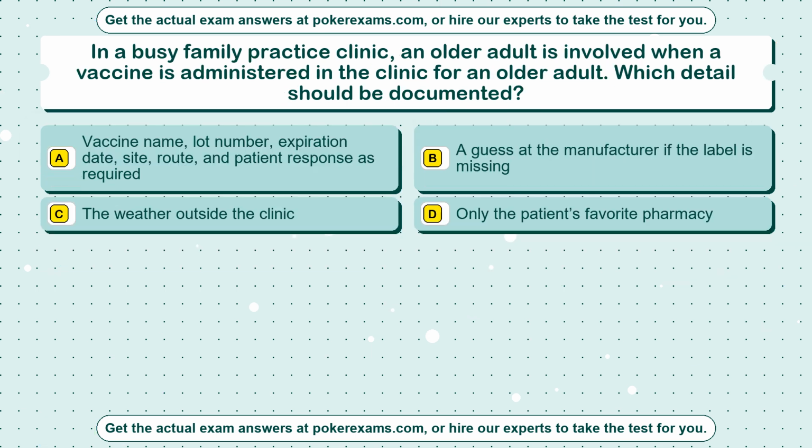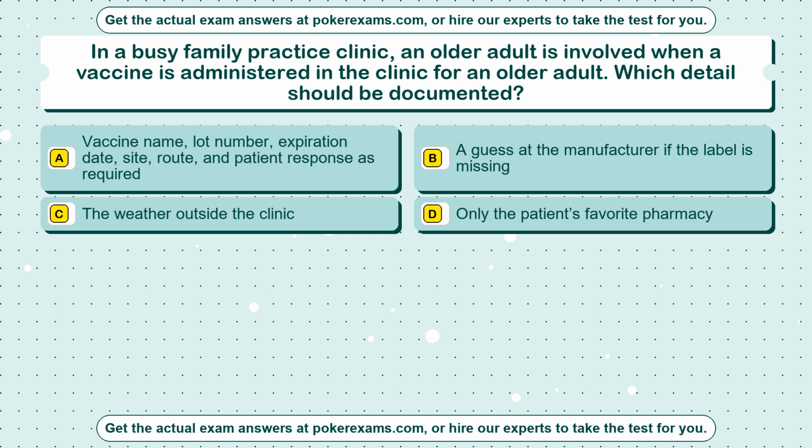Question 60. In a busy family practice clinic, an older adult is involved when a vaccine is administered in the clinic for an older adult. Which detail should be documented? Option A, vaccine name, lot number, expiration date, site, route, and patient response is required. Option B, a guess at the manufacturer if the label is missing. Option C, the weather outside the clinic.